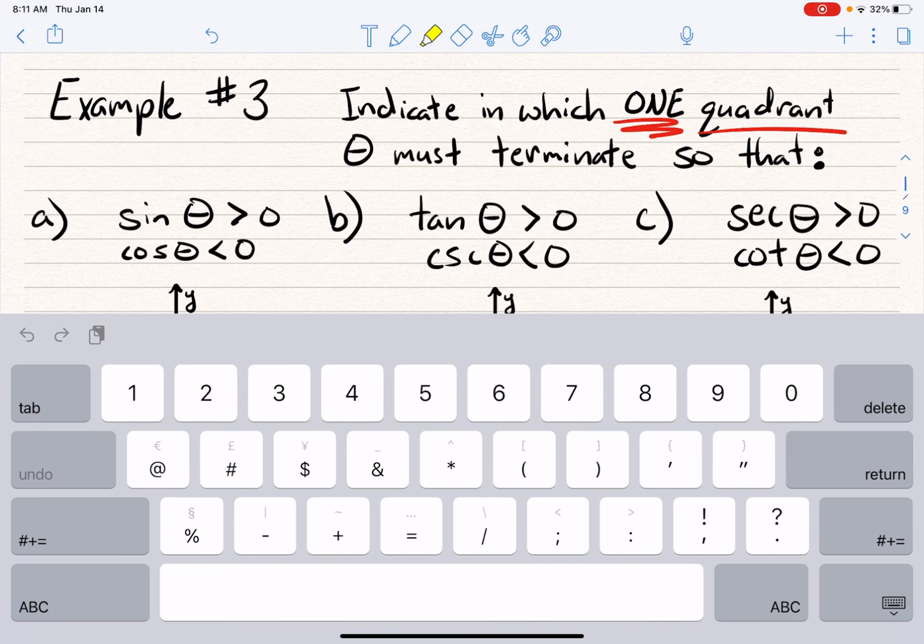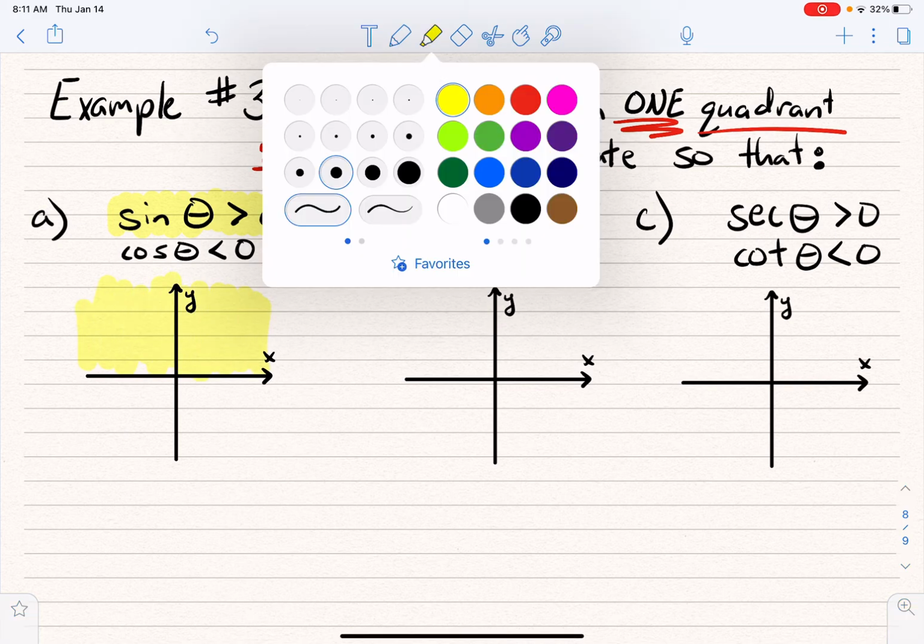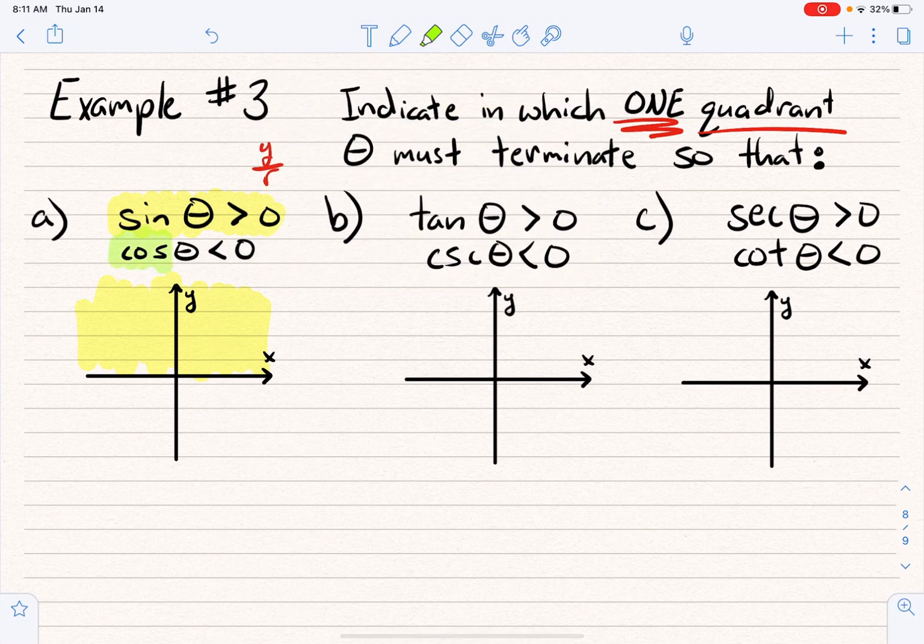If sine theta is greater than 0, hopefully you remember by this point, sine theta is y over r. For sine theta to be greater than 0, that means it's positive, so that means y is positive. So that's everything up here. But then the second part says cosine theta is less than 0.